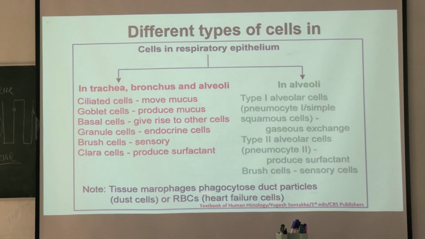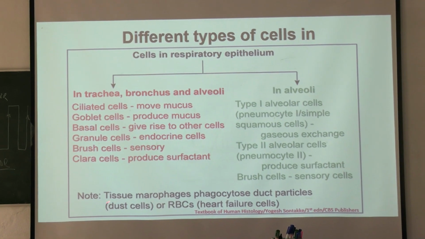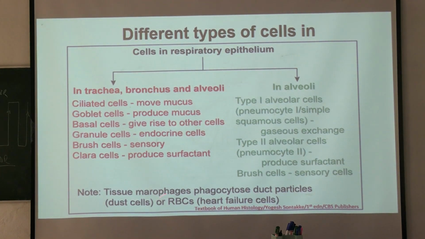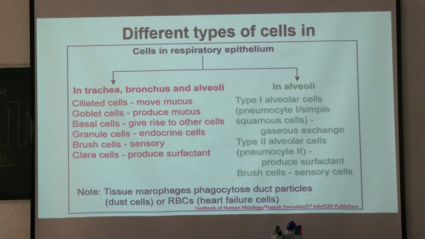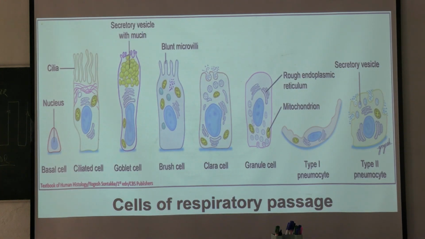Okay, and tissue macrophages phagocytose dust particles or RBCs. If they phagocytose RBCs, they are called heart failure cells, and if they phagocytose dust particles, they are called dust cells. Okay. These are also present in some areas. See, the different types of cells have been shown. This is basal cells, smaller in height.